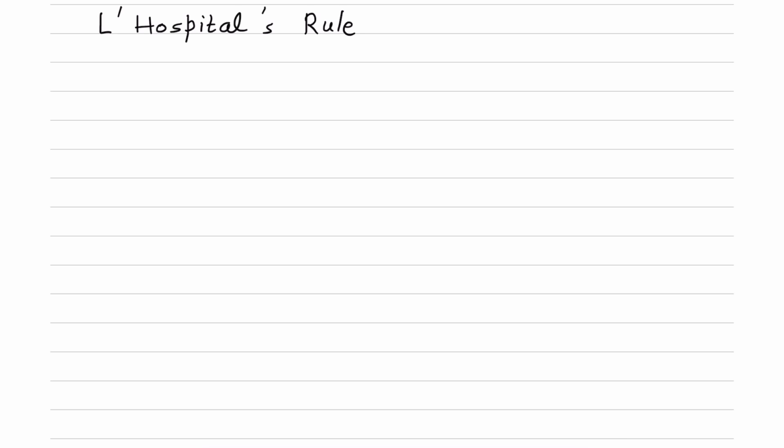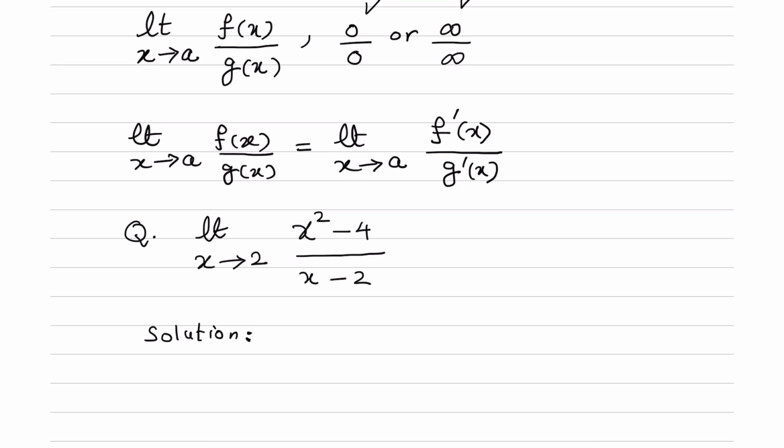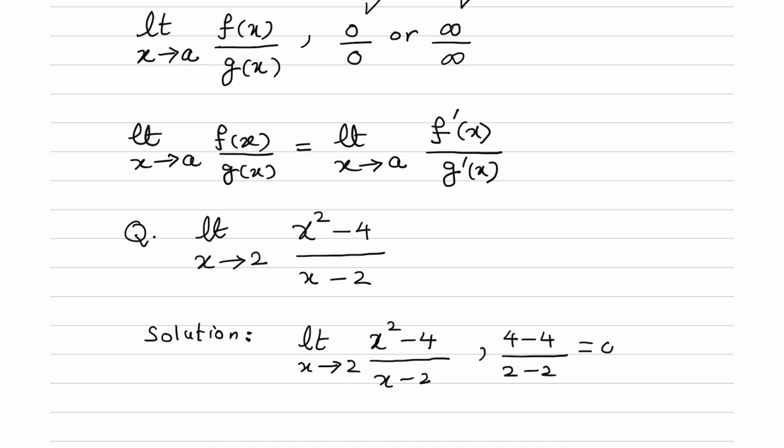So every question of limit begins, as you have seen in the previous videos, by directly applying this limit, that is by putting x value as 2 in the expression. So what do you have? Limit x approaching 2 of x square minus 4 over x minus 2. By putting 2 in the places of x, you get 4 minus 4 over 2 minus 2. It is 0 by 0.